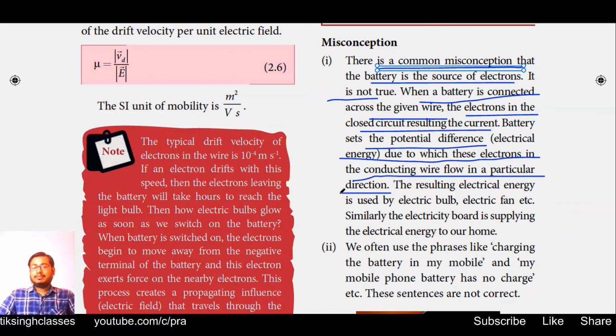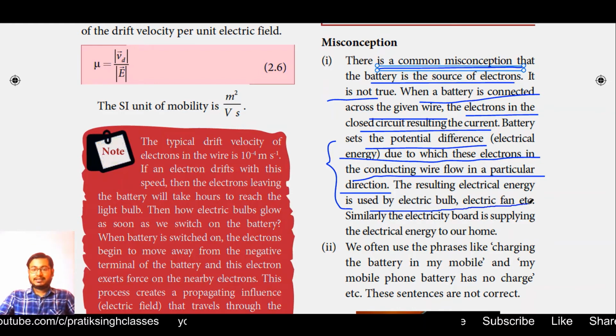Because of that potential difference, the charges move from one place to another, and this makes the electric current. The resulting electrical energy is used by the electric bulb, electric fan, etc.